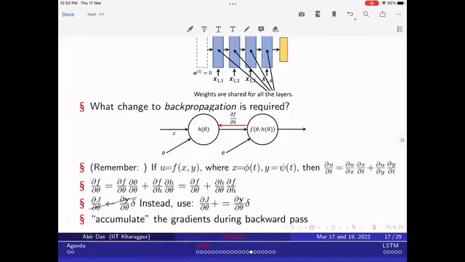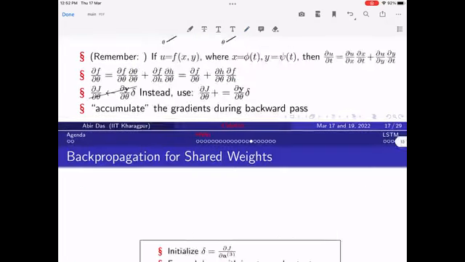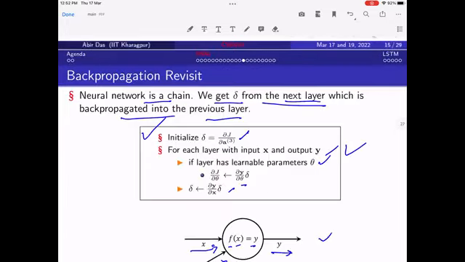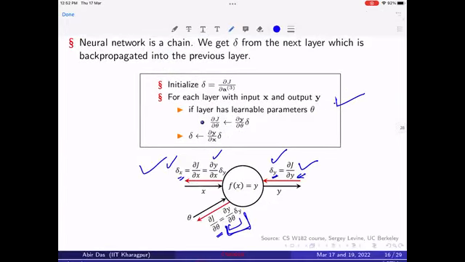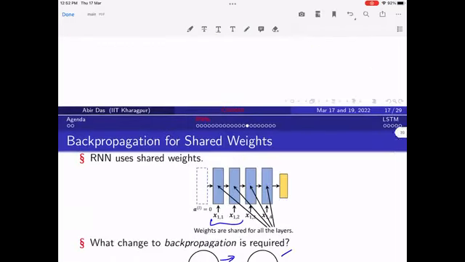Let's go back to this algorithm once. This del J del theta, we were setting to del y del theta times delta. Instead of setting it, we will accumulate.